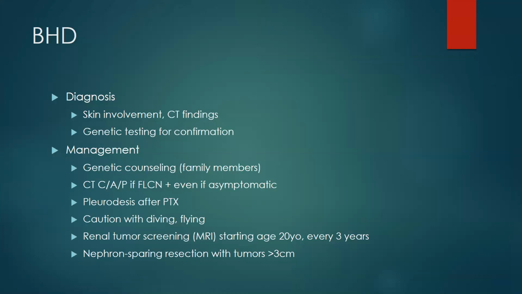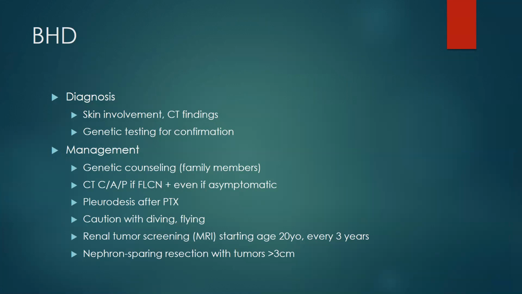So for diagnosis, if you have some skin involvement, as we saw, and the CT findings, usually in these patients you want to get genetic testing, especially those who have family history. And these family members should also have genetic testing and counseling done.